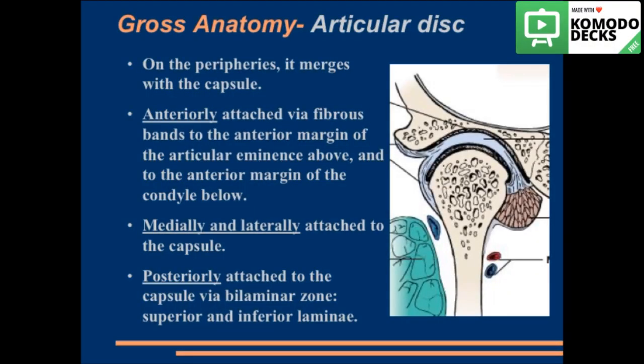So the attachments of this articular disc: it merges with the capsule on the peripheries. Anteriorly, it is attached by fibrous bands superiorly to the anterior margin of the articular eminence, and inferiorly to the margin of the condyle, as seen in the picture.